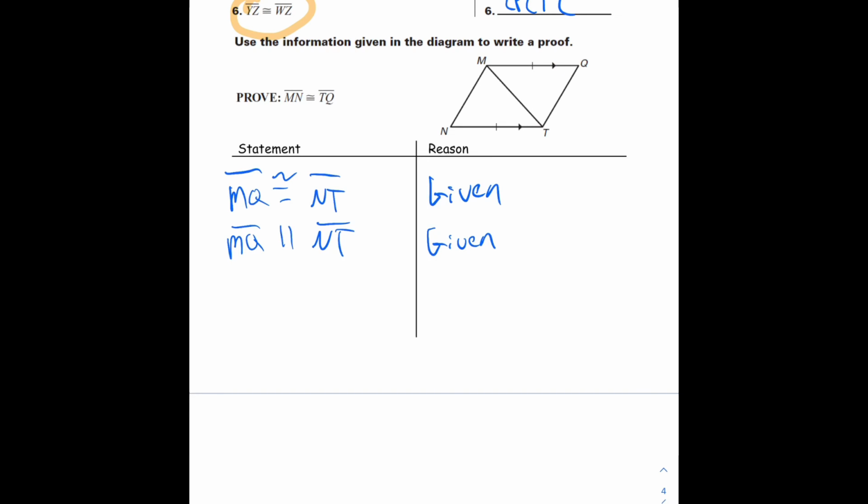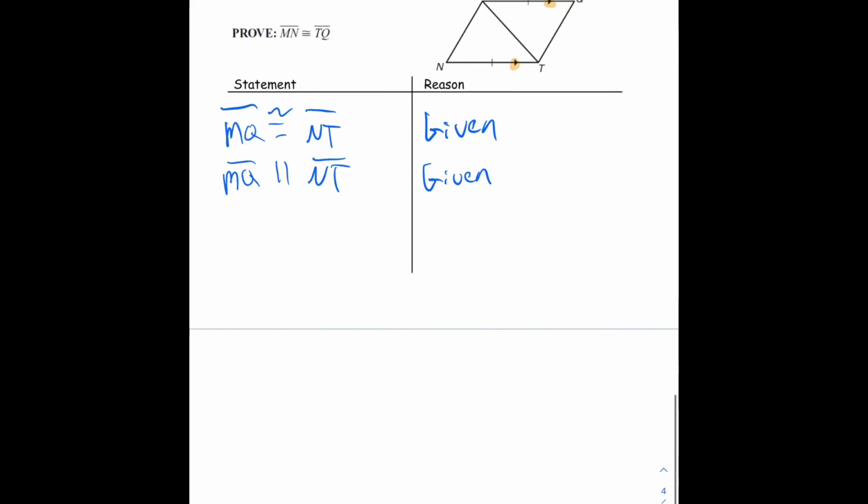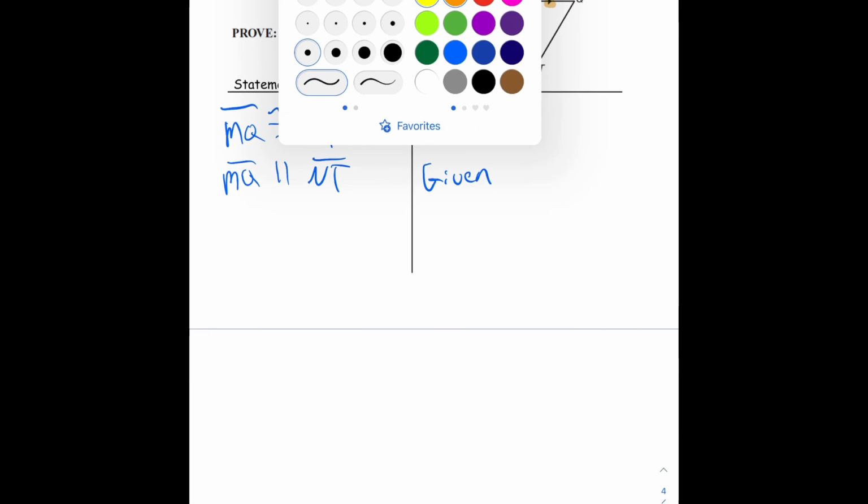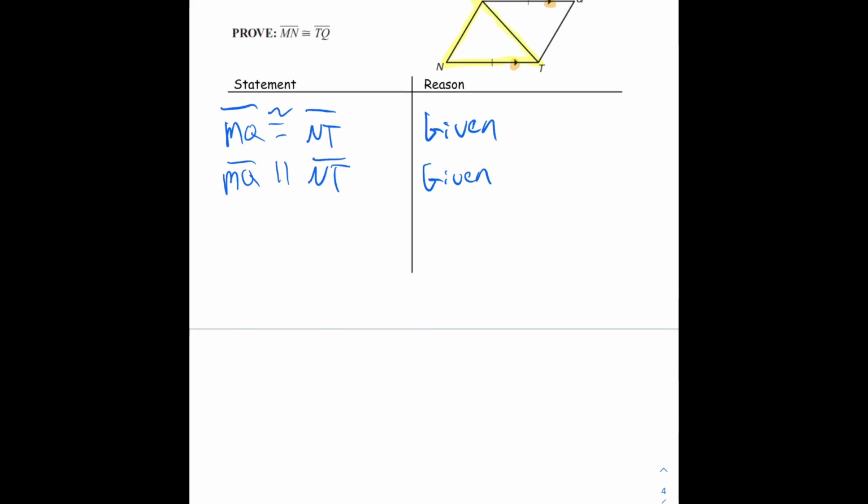Again, the difference, this is parallel, the other line is congruent. I'm going to state that here's my triangles that I'm looking at. I'm looking at MNT and I am looking at MQT.